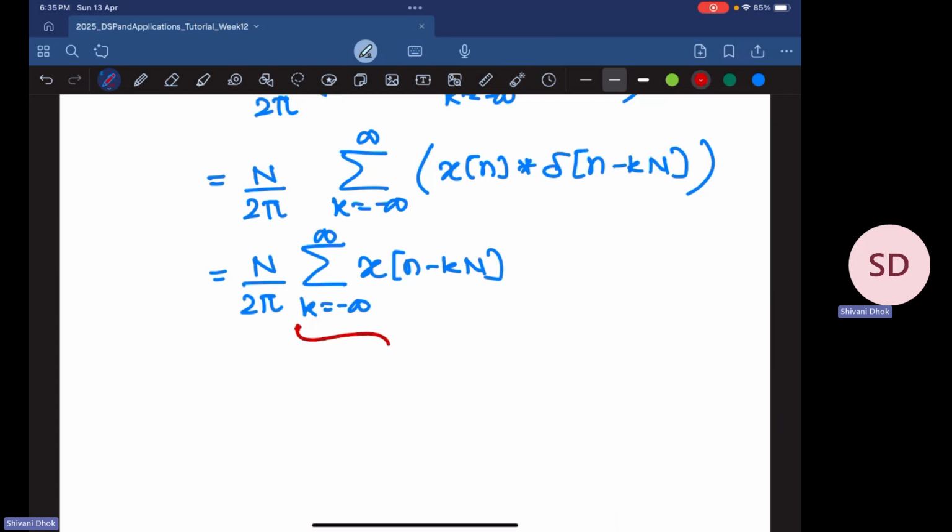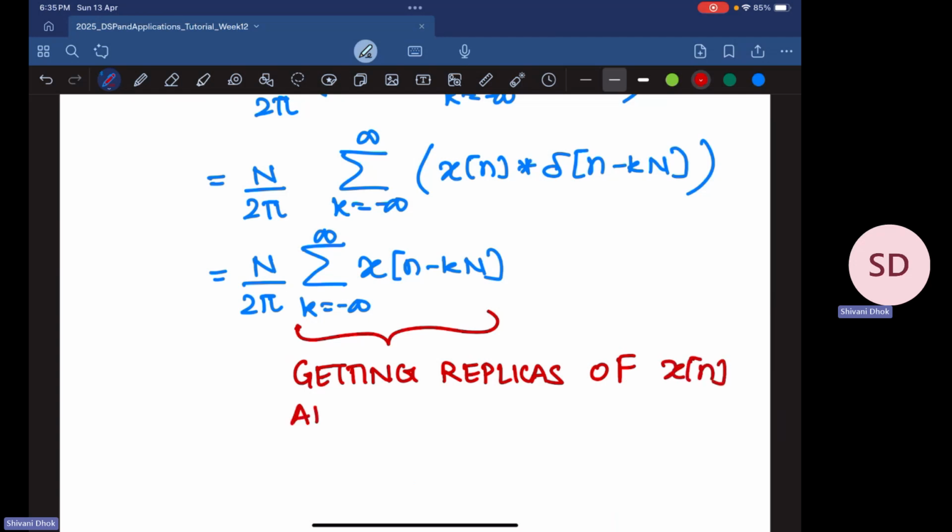Here in this particular summation, we are getting replicas of x of n at every integer multiple of N.